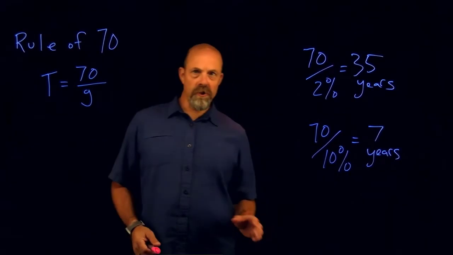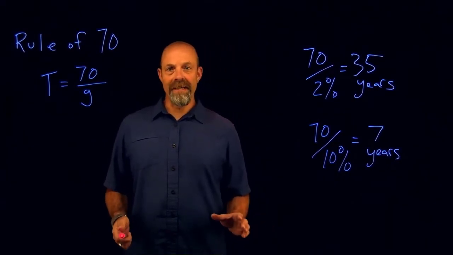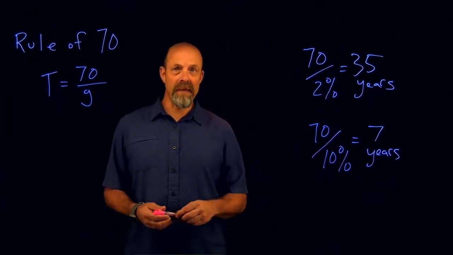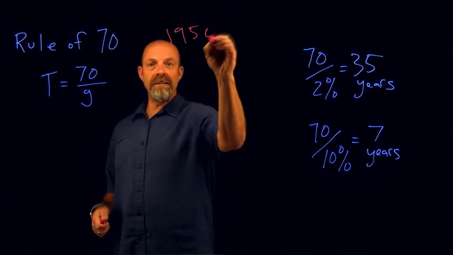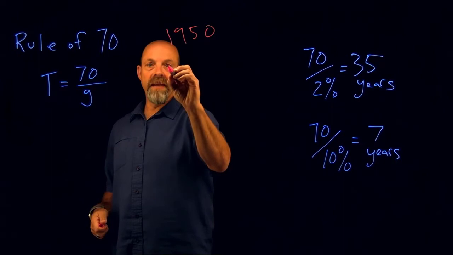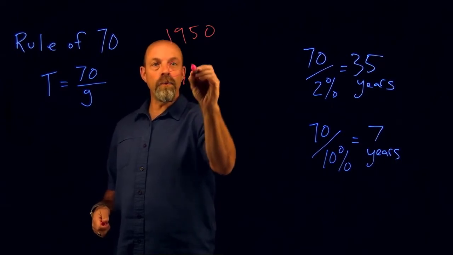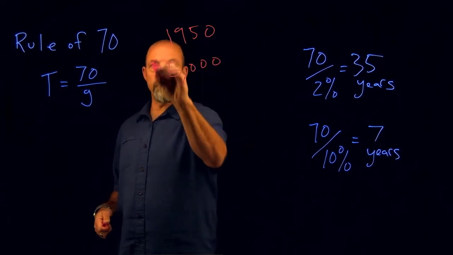So suppose two countries, Italy and Argentina, have the exact same GDP per capita in 1950. Imagine that each of them has a GDP per capita equal to $5,000 per year.